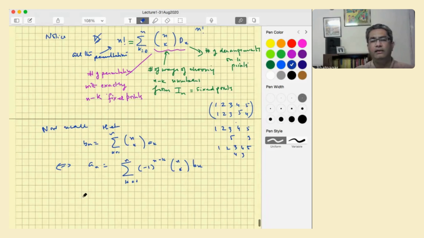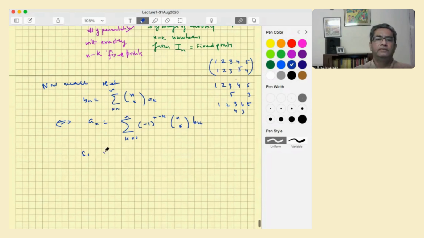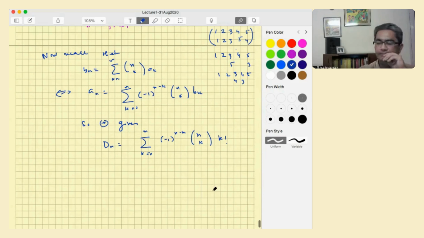So we get, let's call this star, Dn is equal to the sum for k going from 0 to n of minus 1 raised to n minus k, n choose k, k factorial. Is this okay? This is fine? Please say something, somebody. Yes, Professor.